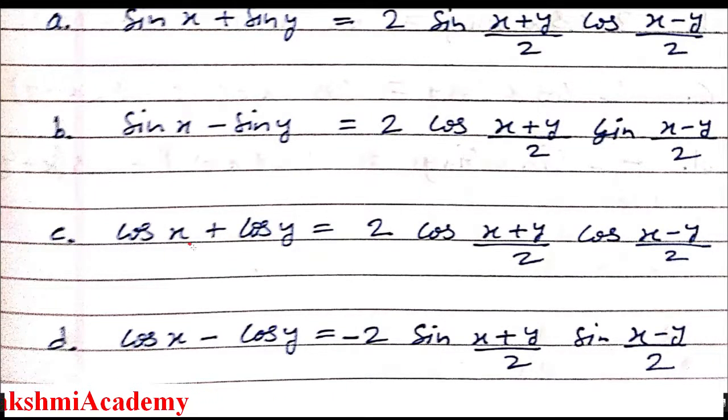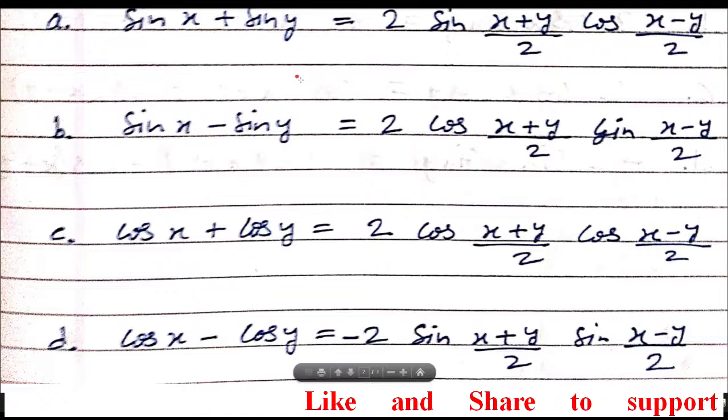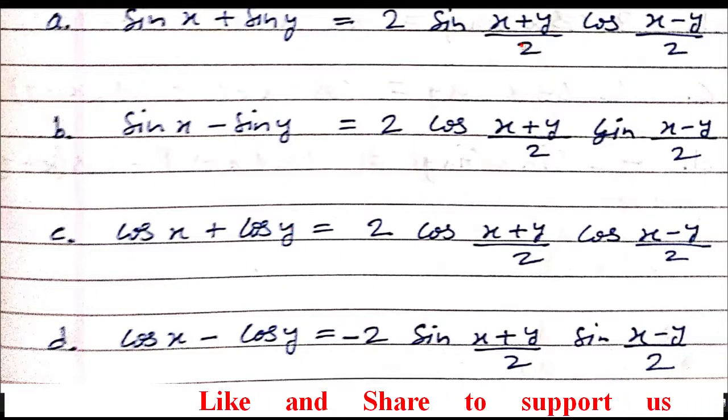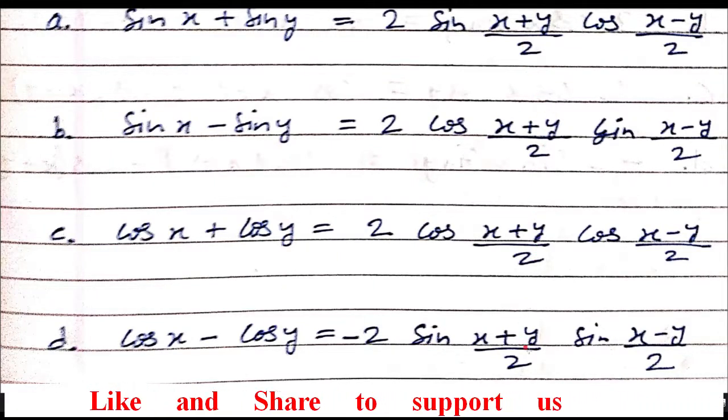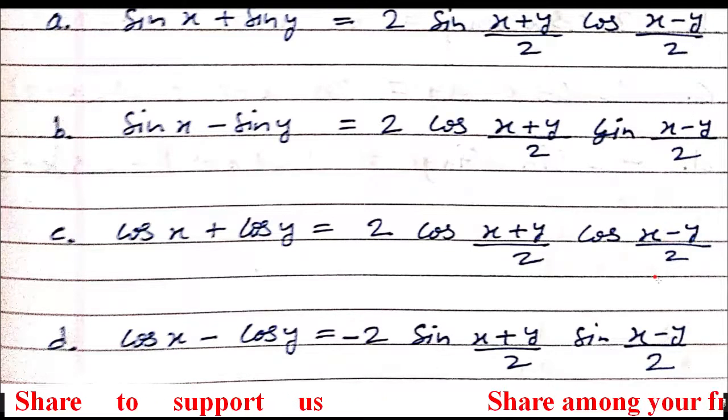In the same way, when we have c plus c, in the right hand side both places cos will come. So how to fill it? Just see how I filled here. Everywhere x, then here everywhere y, and here everywhere x plus y upon 2, and here everywhere x minus y upon 2.